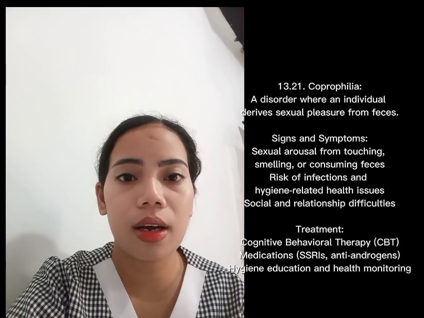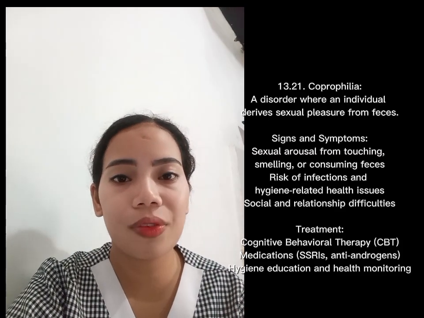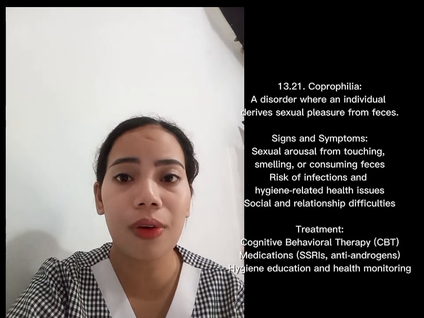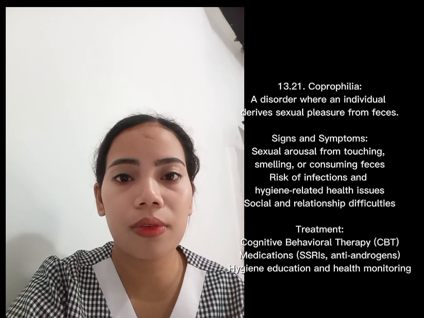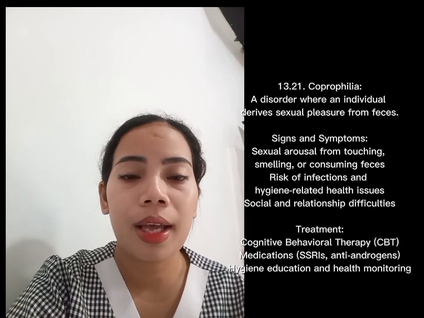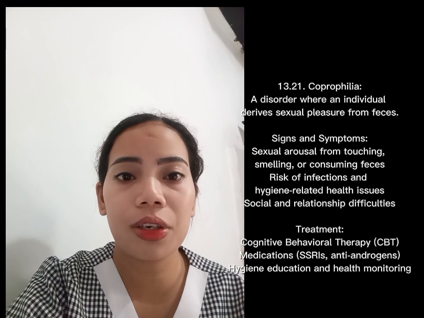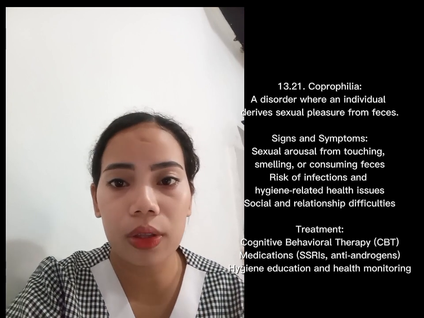Next is coprophilia, which is a disorder where an individual desires sexual pleasure from feces. For the signs and symptoms: sexual arousal from touching, smelling, or consuming feces, risk for infection and hygiene-related health issues, and social and relationship difficulties.